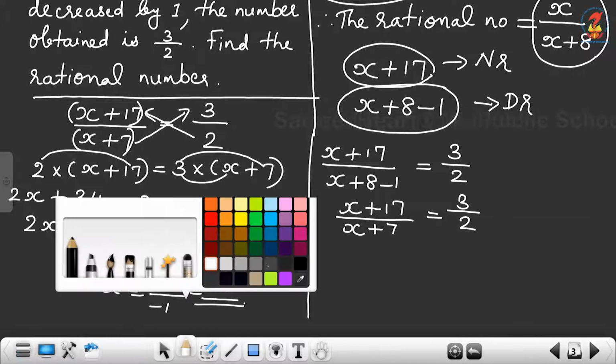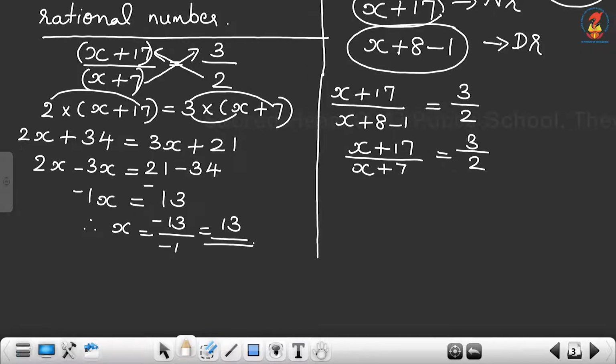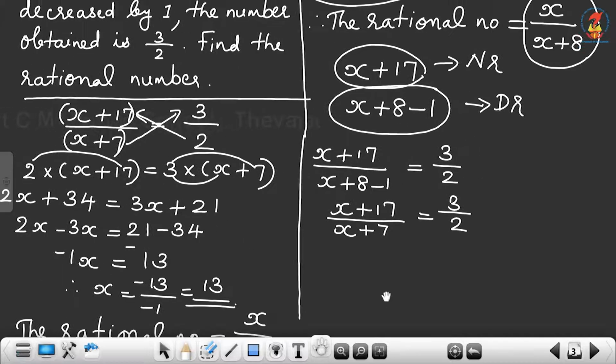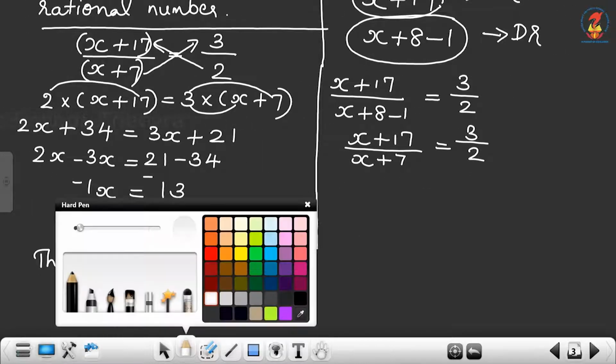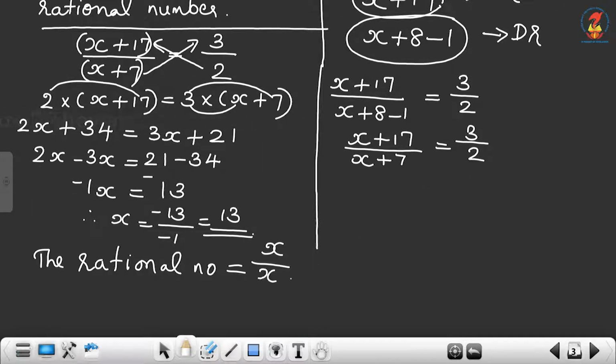Now, the rational number is x by x plus 8.